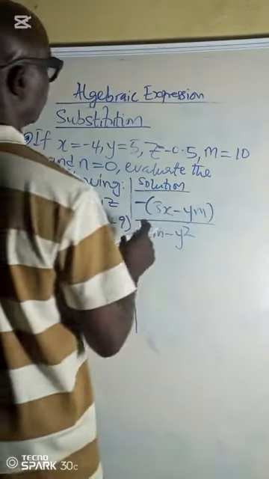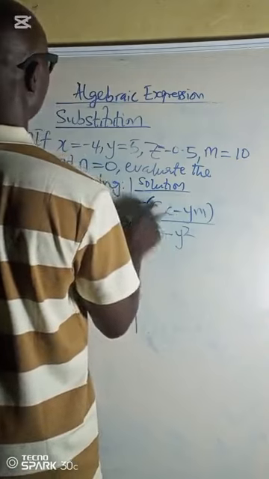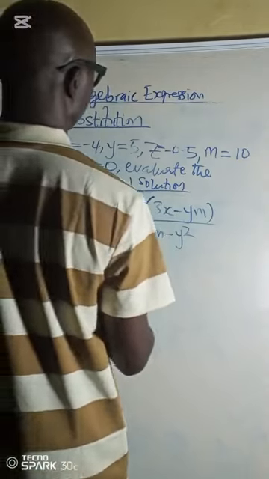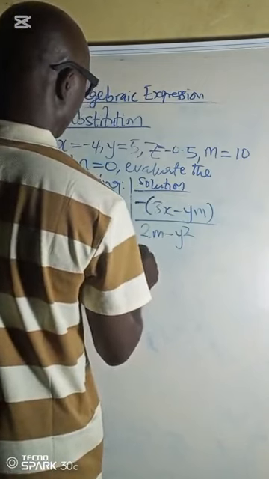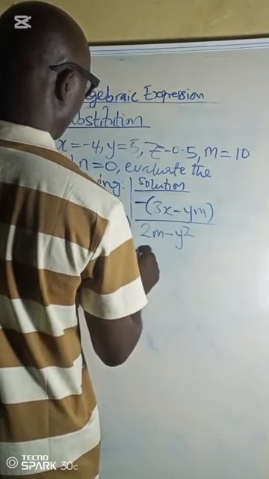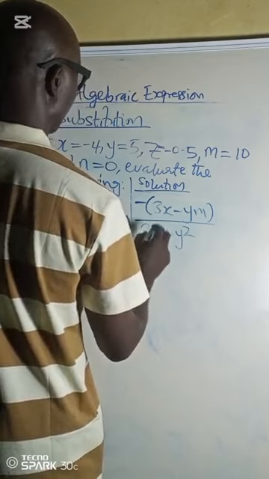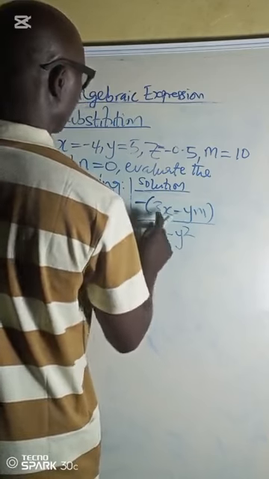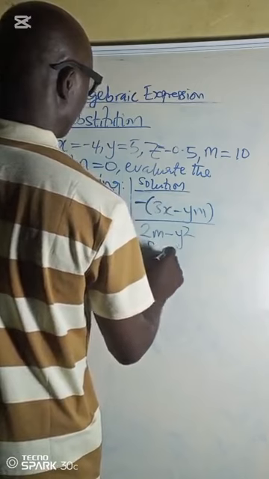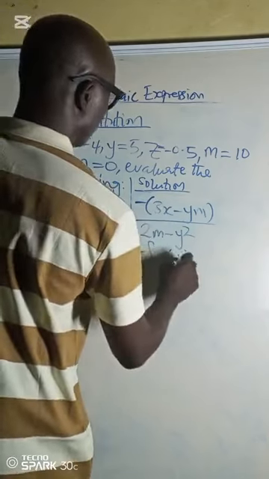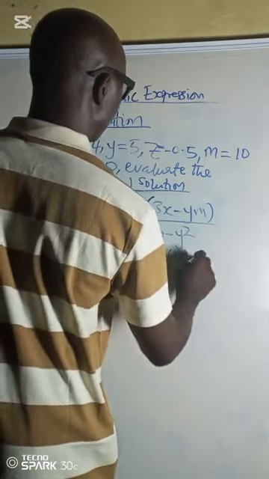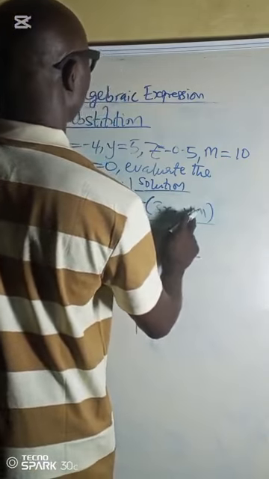So let's substitute the value for the unknowns. Because of this multiplication sign, let's create a big bracket. So we have 3x, 3 open bracket, x. What is our x? Minus 4, okay? Minus y. What is y?